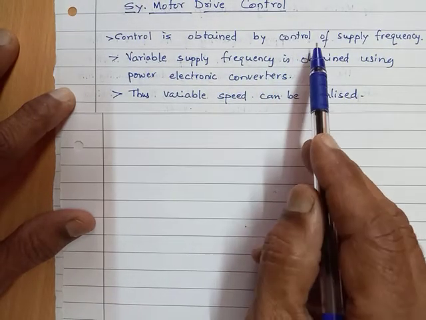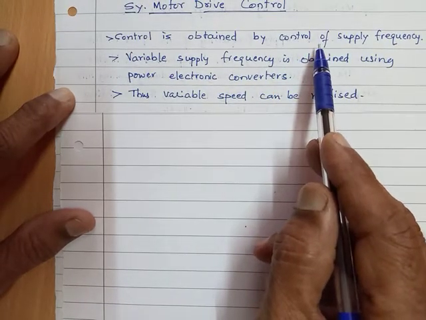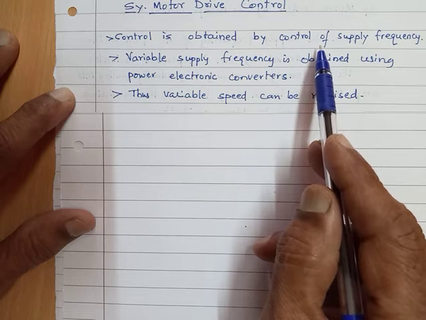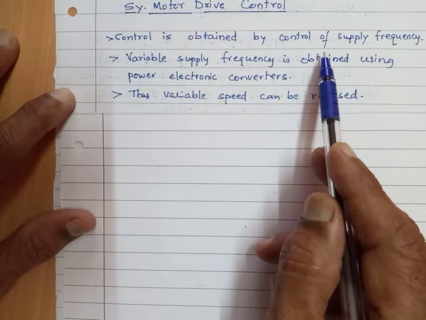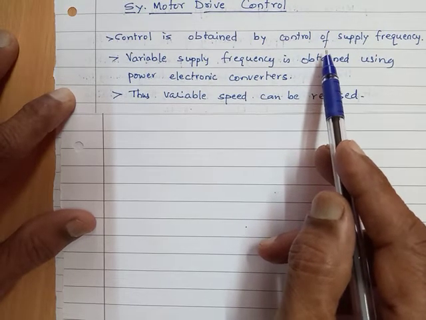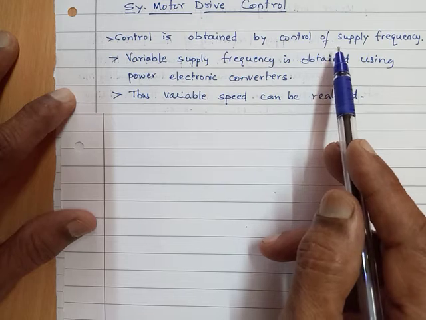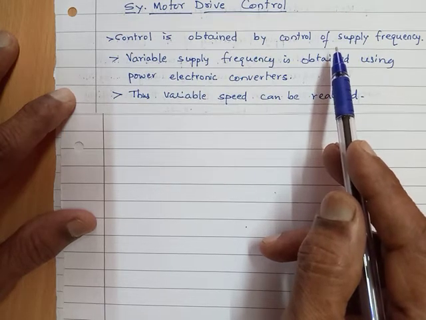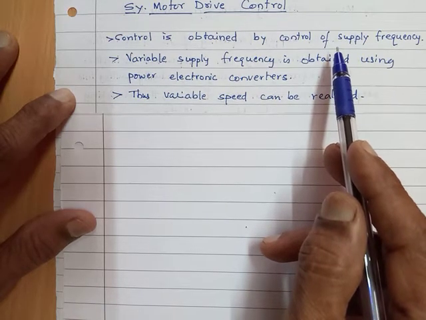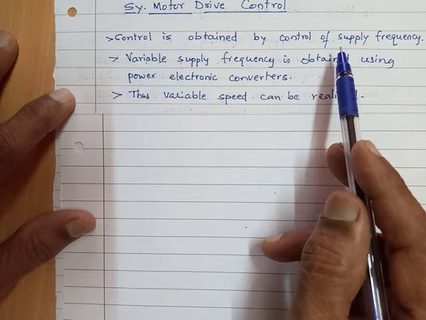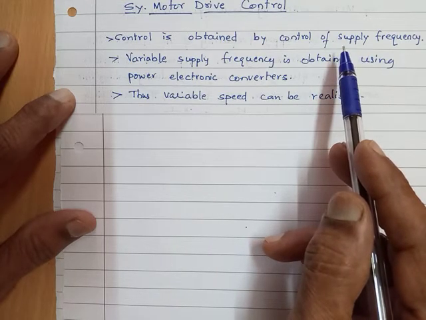We know that the synchronous speed is given by 120 F by P, of which P is a constructional parameter, hence is constant, whereas the frequency is a parameter it's possible to control.